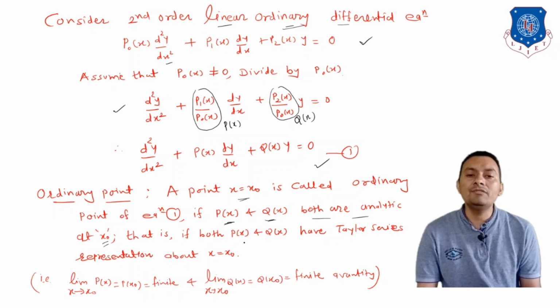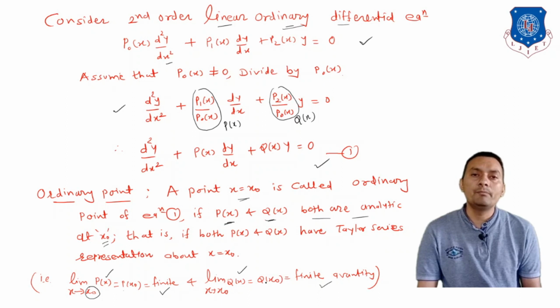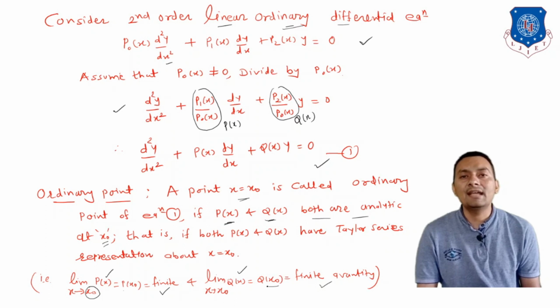But simply, what we are going to understand is that whenever we are talking about the analytic point of the functions P of x and Q of x at x is equal to x0, and we get that the limit as x tends to x0 of P of x is P of x0, a finite quantity, as well as the limit as x tends to x0 of Q of x is Q of x0, which is also a finite quantity, then definitely we can say that the functions P of x and Q of x are analytic at x is equal to x0, and therefore x0 will be the ordinary point.